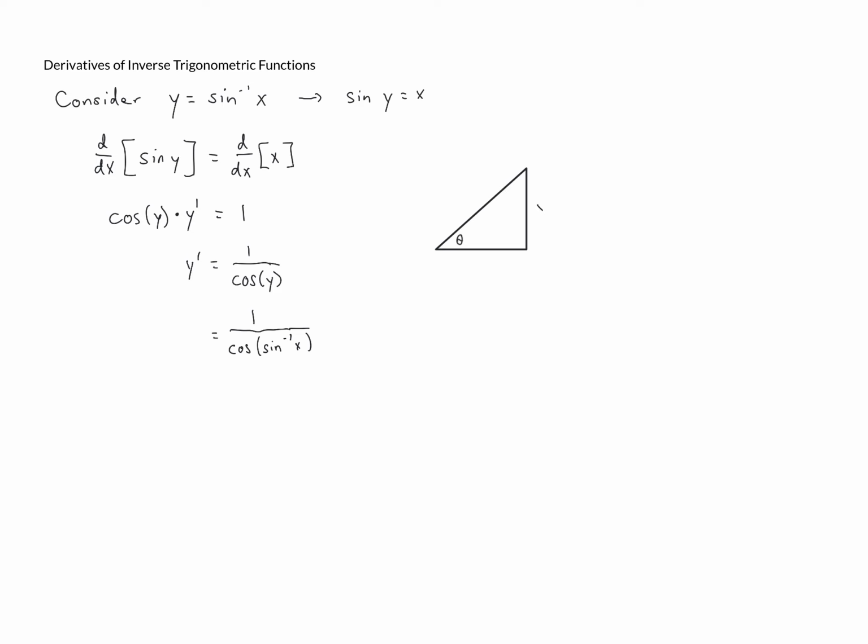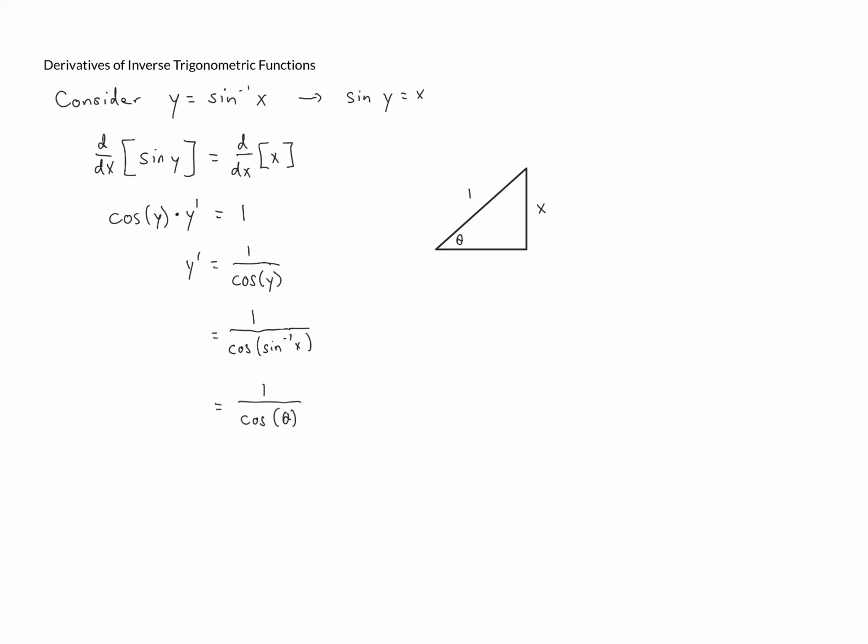So because this angle theta has a sine equal to x over 1, which is x, this angle theta is actually inverse sine of x. So we can write this now as 1 over cosine of theta, because theta is the angle that gives us a sine of x. Now all we have to do is evaluate cosine of theta.